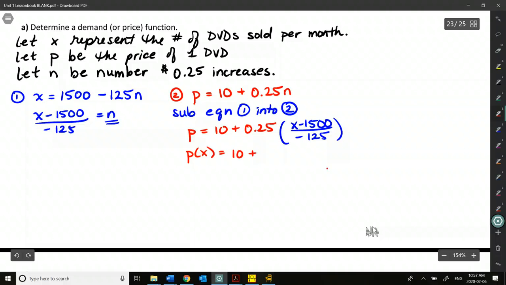So I'm going to bring in the 0.25, and I'm also going to split this up into X over negative 125, and then 1,500 over negative 125. When I do 0.25 divided by negative 125, we're actually going to get a negative for that term, so I should have put minus.